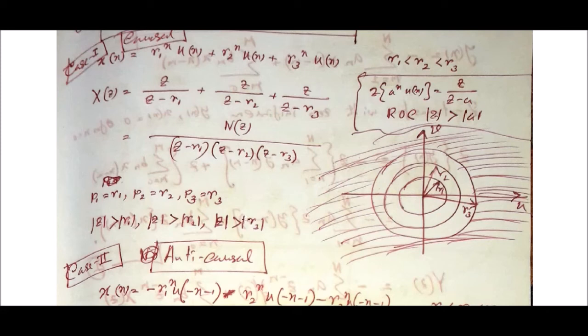But remember that the overall ROC, and it is given that r3 is the greatest one, r2 will be the middle one, and r1 is the smallest one. The overall ROC will be the ROC of the biggest one, because if you consider the smallest circle, having the radius of r1, the first term will have the ROC just outside of this smallest circle.